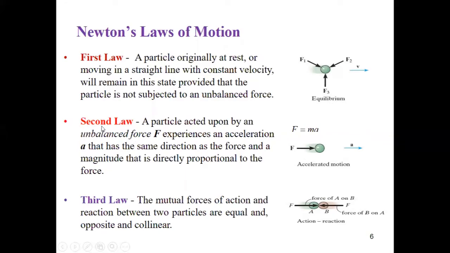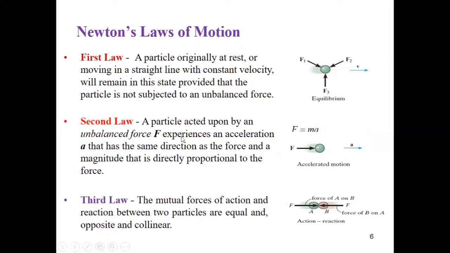The second law: a particle acted upon by an unbalanced force, or a force applied on a particle in a certain direction, will have an acceleration, and the force is the mass multiplied by the acceleration, F equals ma.